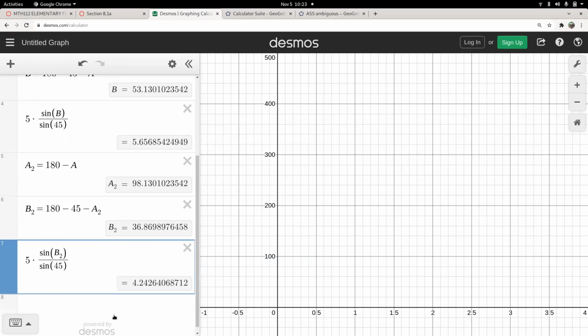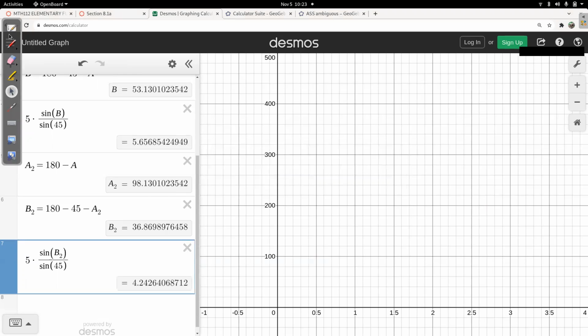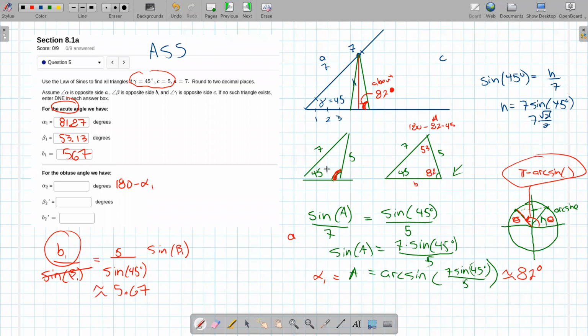So let's look at the picture and think about if those last 3 results seem reasonable. So we think about 98 degrees, about 37 degrees, and a little bigger than 4. So that would be this one right here. So I'm thinking this angle right here, better drawn up here. That angle right there, I think that's about 92 degrees.